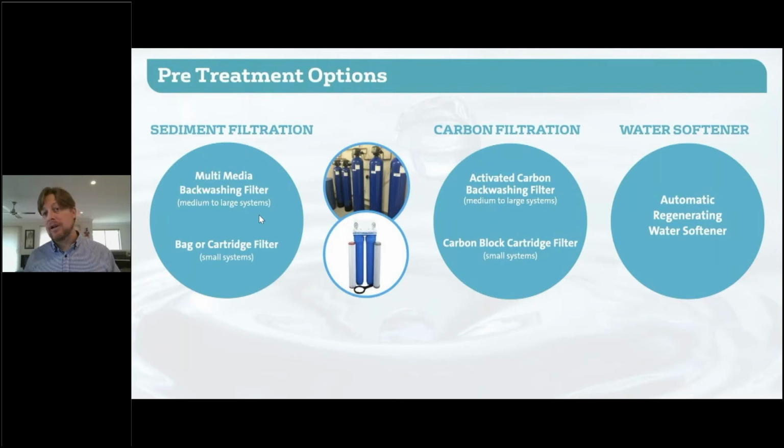And then you have your carbon filtration. Similarly with carbon, on a small system you can get carbon block cartridges, which will be appropriate. And on larger systems, again, your automatic backwashing carbon filters, as we see up here in the picture. And carbon is there primarily to remove chlorine from the water.